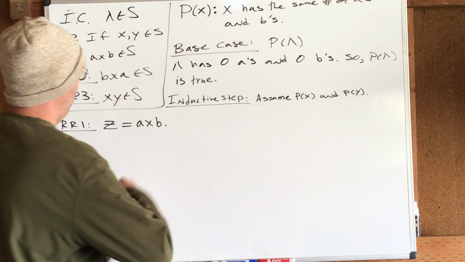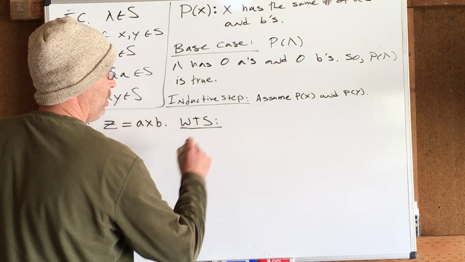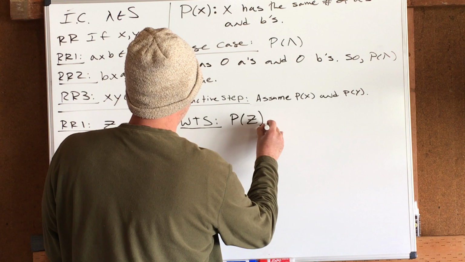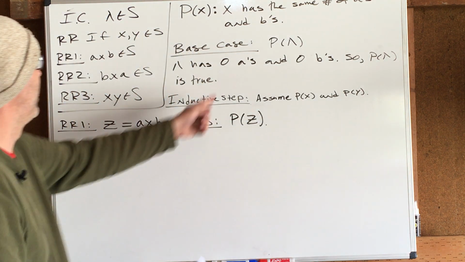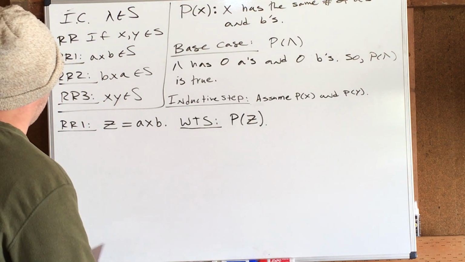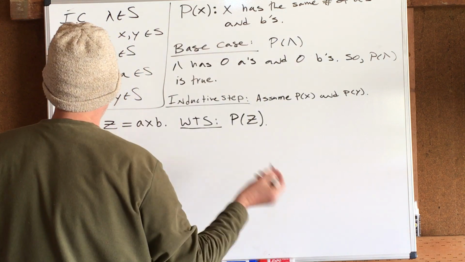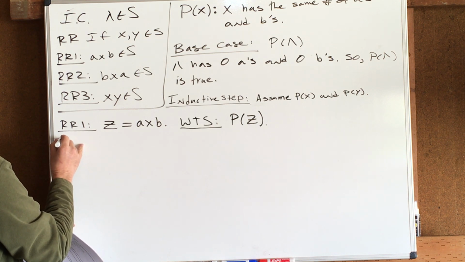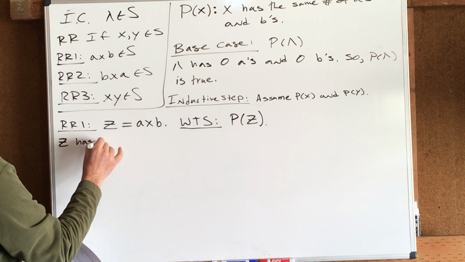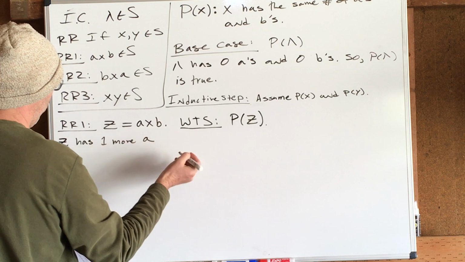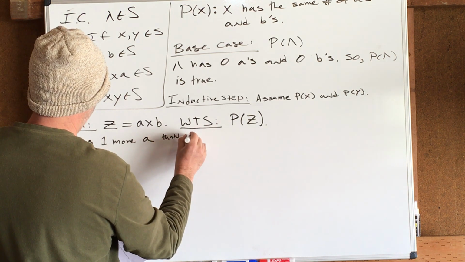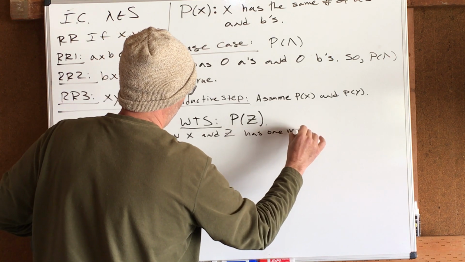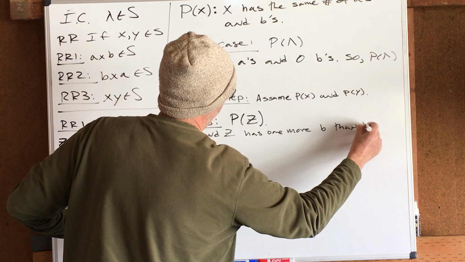So what do we want to show? To show P of z. We want to show that z has the same number of a's and b's. We already get to assume that x has the same number of a's and b's. Z has one more a than x, and z has one more b than x.